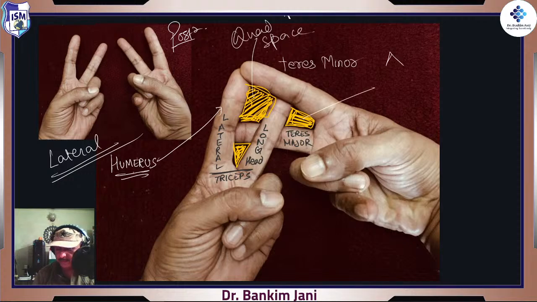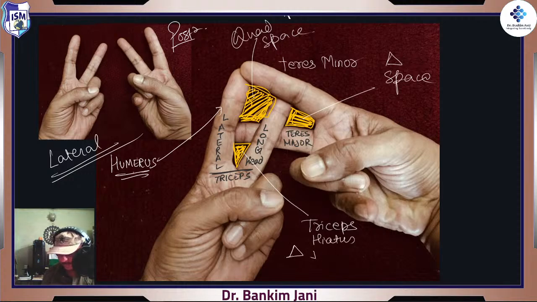This one is the triangular space. Sometimes it is called the upper triangular and lower triangular space. But in Gray's, many times you will see the word triceps hiatus, or triangular interval, or you can say the lower triangular space.